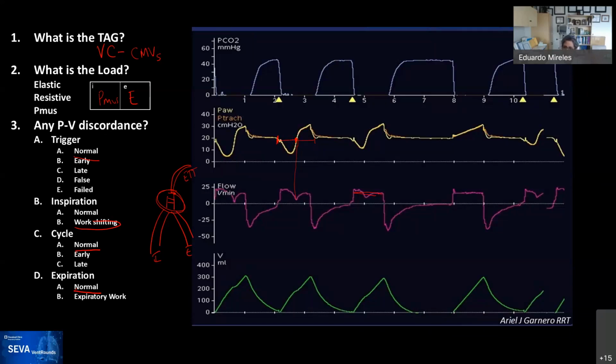But it has to be defined in the literature: when is it a late cycle? When there's evidence of too much PMOS that occupies how much percent of the breath? And I don't have that completely defined so far. Yeah, I think that strictly speaking, if the P vent isn't exactly the same as the PMOS, there's a synchrony problem.